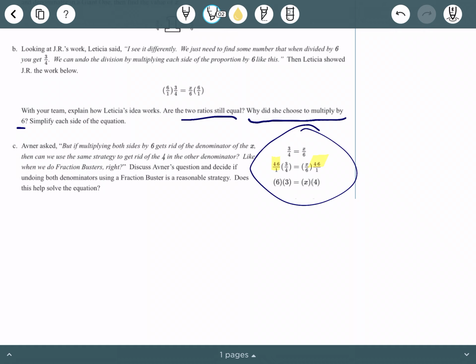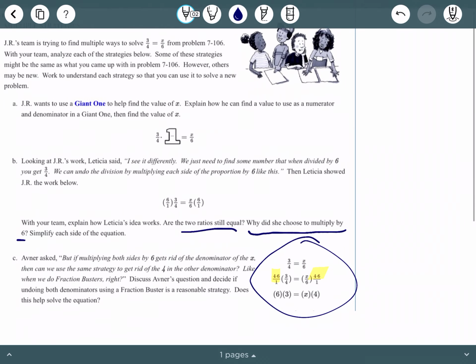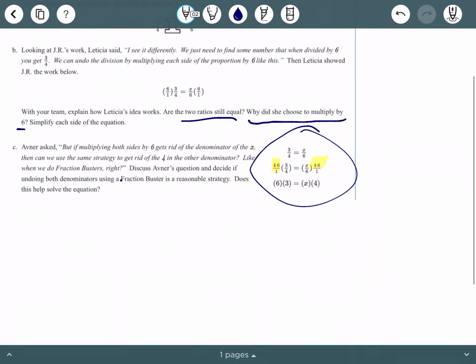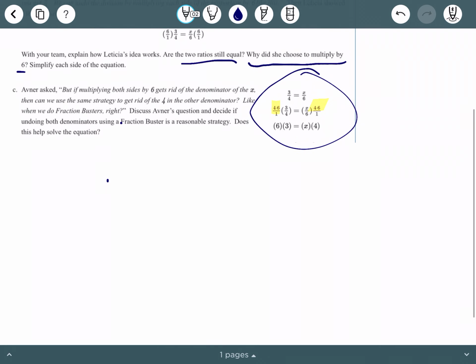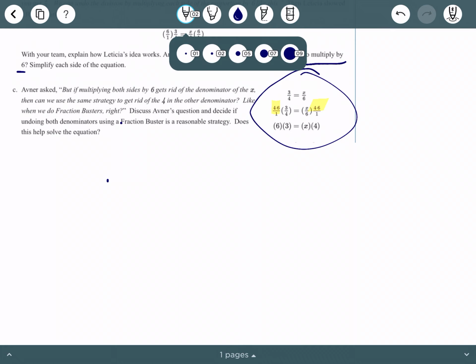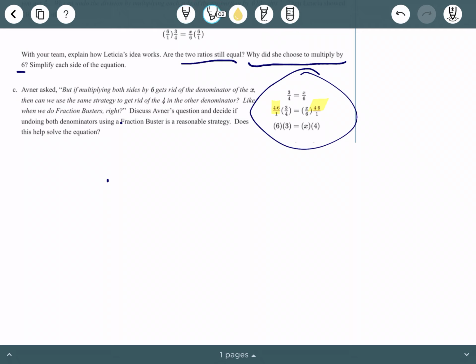So he is using the fraction buster method, like we did in problem 7106. He's using that denominator of 6 here to multiply by 3 and 4 here to multiply by x.